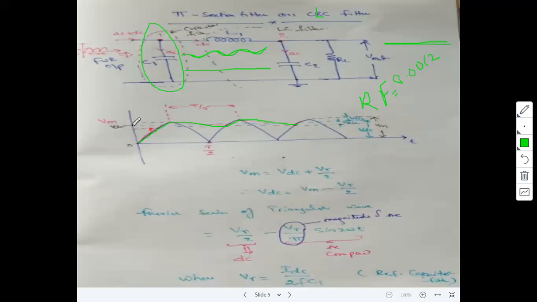Here observe three dotted lines. The middle one is VDC, around like this.